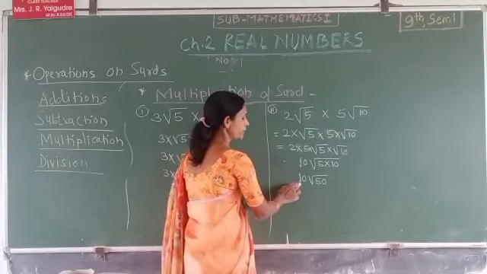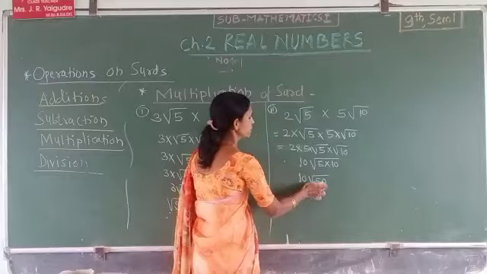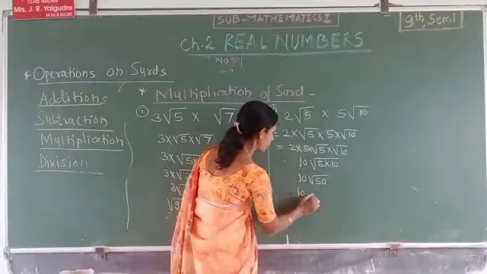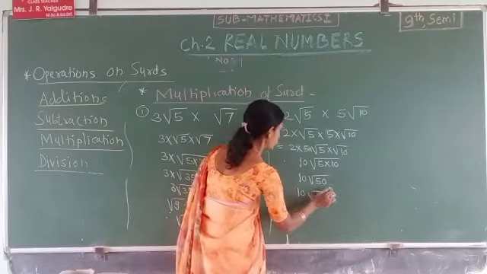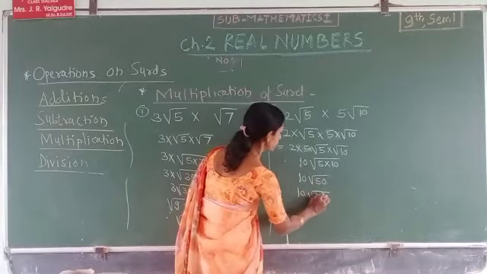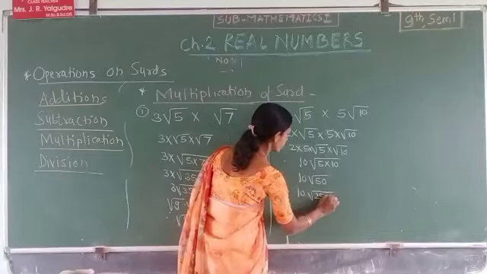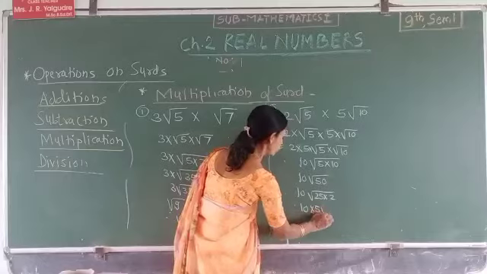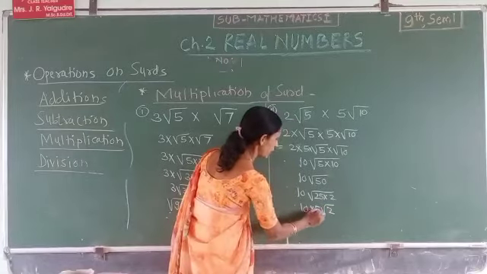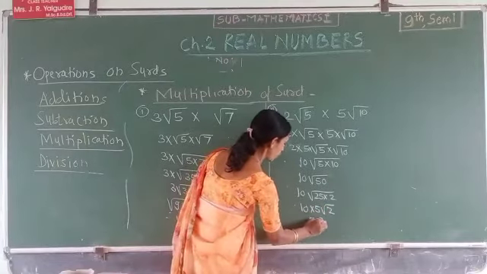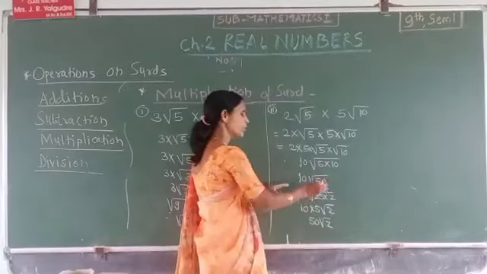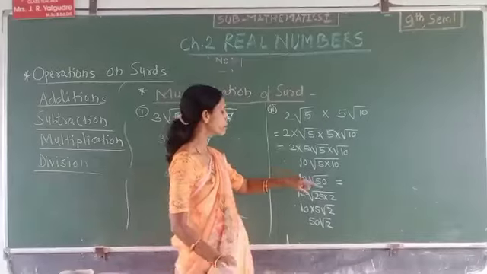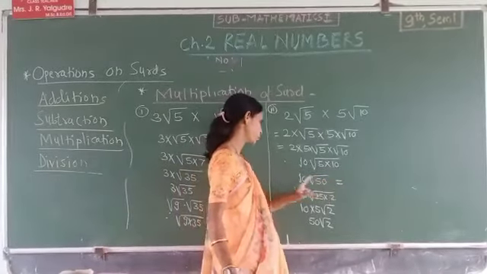Then we can write this in the simplest form also. That means here 10 into, that is 50 means 25 into 2. Therefore, here 10 into 5 root 2. Therefore, 10 into 5, that is 50 root 2. Or the same answer we can write in the mixed form also.